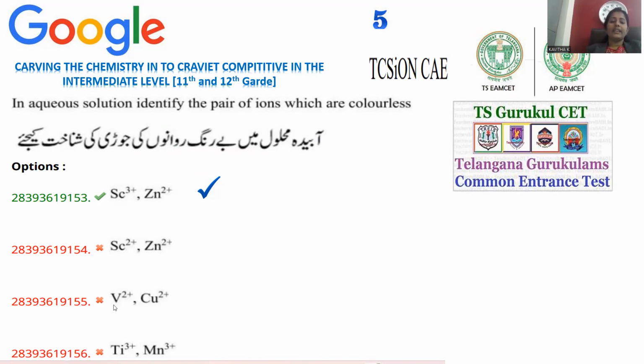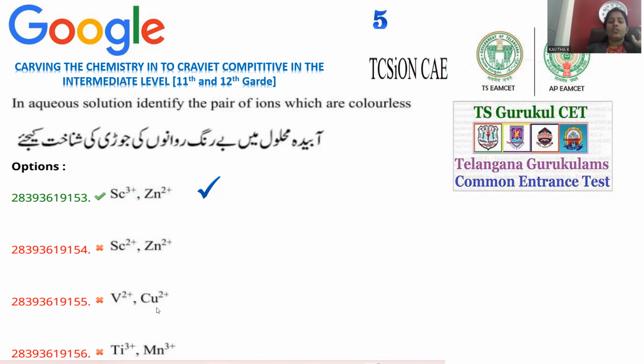Vanadium+2: scandium, vanadium, titanium. In vanadium+2, what happens? Atomic number 23, so that s orbital electrons will be removed, d electrons will be left. 2 d electrons are responsible for coloredness of the complex, so vanadium+2 is colored due to 2 unpaired electrons.